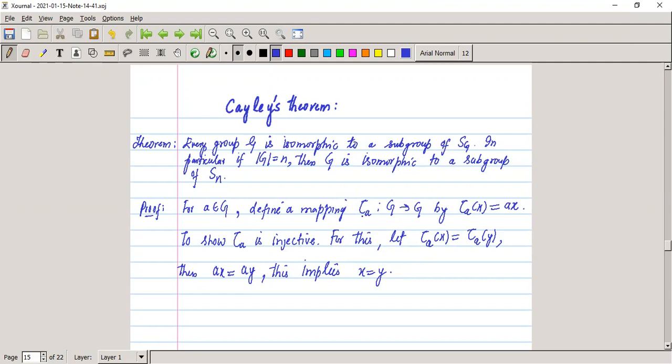Now since this tau_a has been defined on a finite group G to G, and we know that for a mapping on a finite set, the mapping is injective if and only if it is surjective. So once we have seen that tau_a is an injection on G, it means that tau_a is a surjection. In fact this result holds for all finite sets, so if G is a finite set, then tau_a is a surjection.